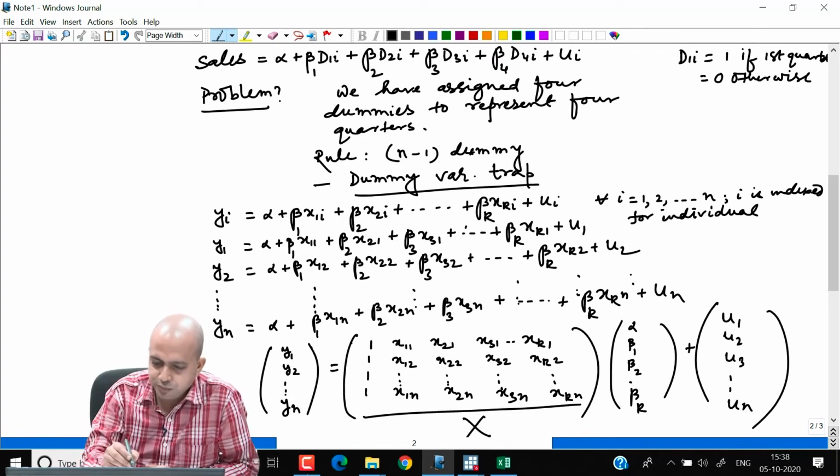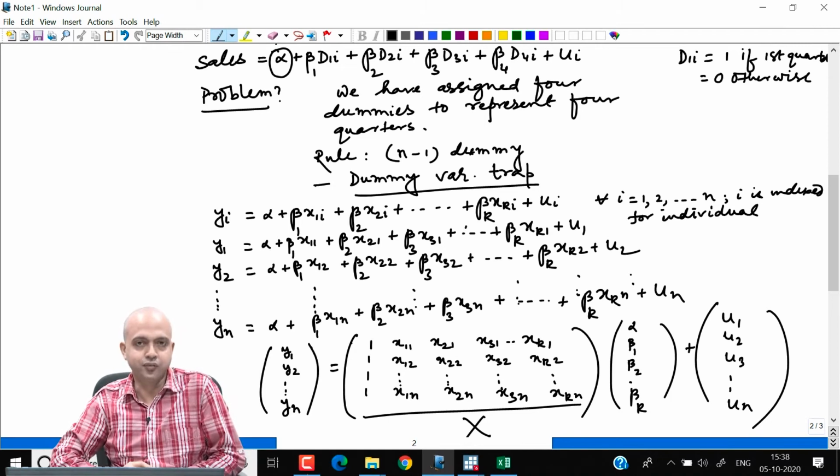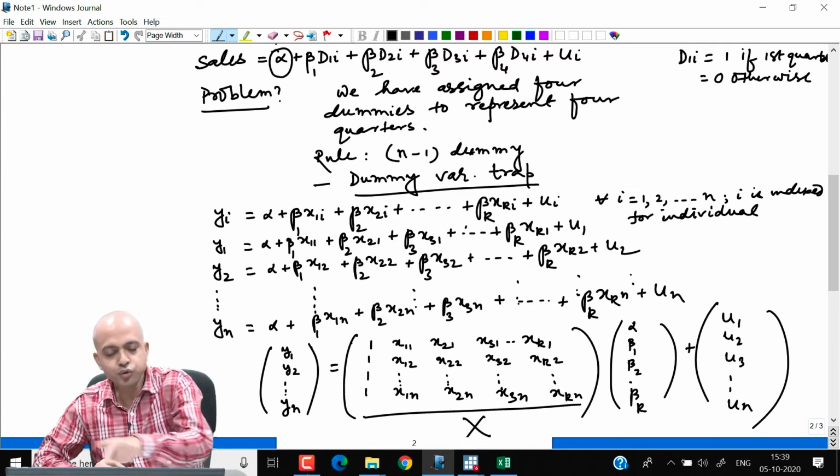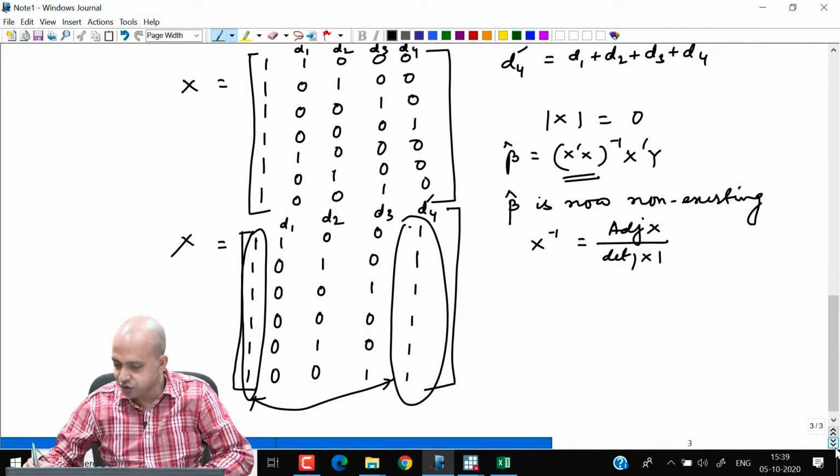So here we have 4 dummies, D1, D2, D3, D4. So you have to omit the intercept term alpha. And if you do so, then what would be the interpretation of beta 1, beta 2, beta 3, beta 4? I will show you the interpretation.